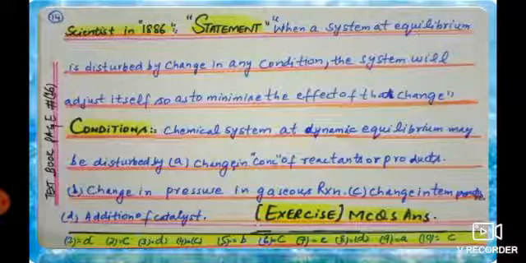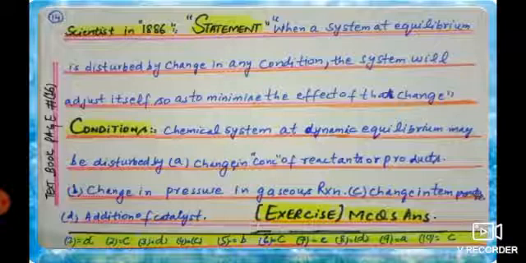So now what are these conditions due to which the system may be disturbed? A chemical system at dynamic equilibrium may be disturbed by different conditions, like the change in concentration of reactant or product. It may be the change in pressure, but in a gaseous system, as I have discussed, solids and liquids are non-compressible, so there will be no effect of pressure on solids and liquids, but there will be an effect of pressure on the gaseous reactants and products.